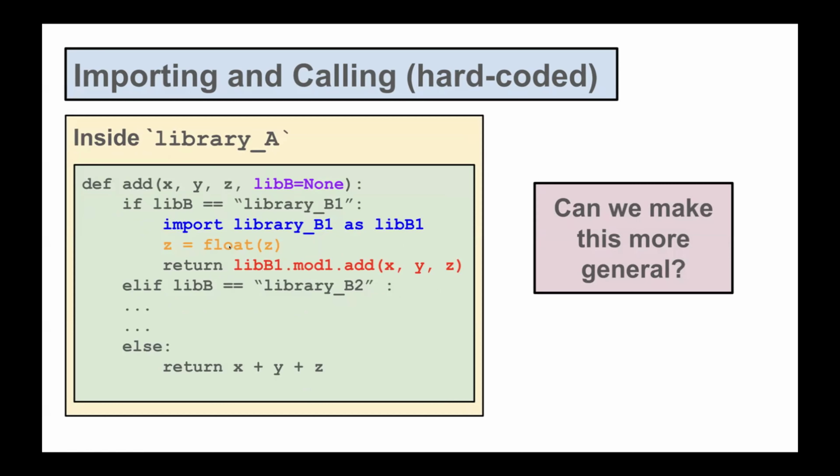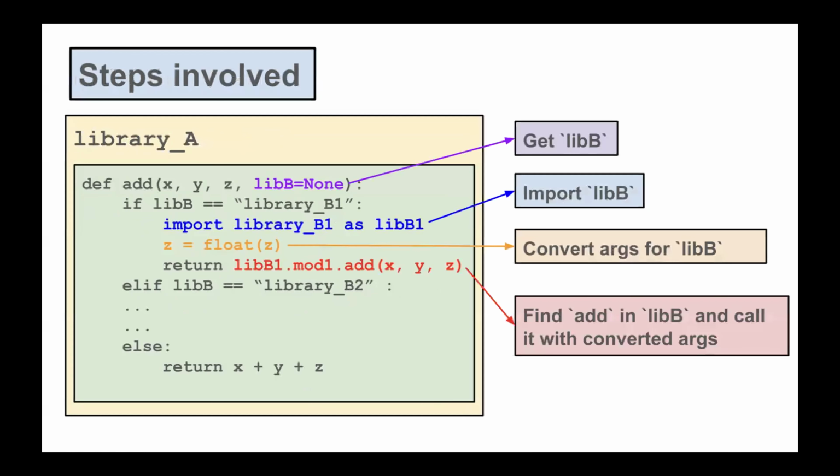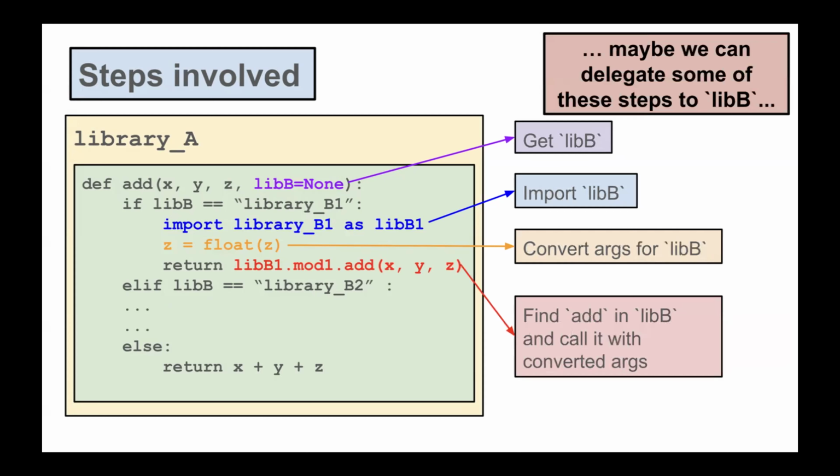But I can see that there are some steps in all of these if-else conditions that maybe I can generalize. First I get the library, then I import it, and then I convert the arguments, and then I find the add function and call it. Maybe we can give some of the responsibility of these things to the backend library also.